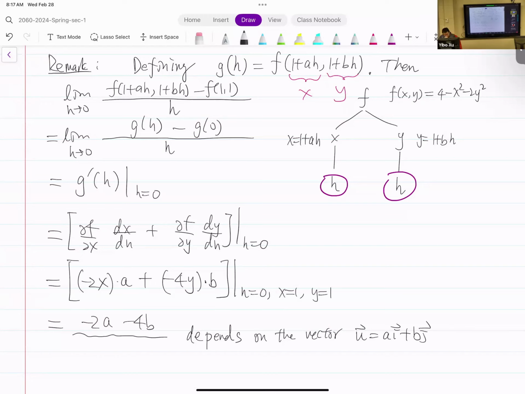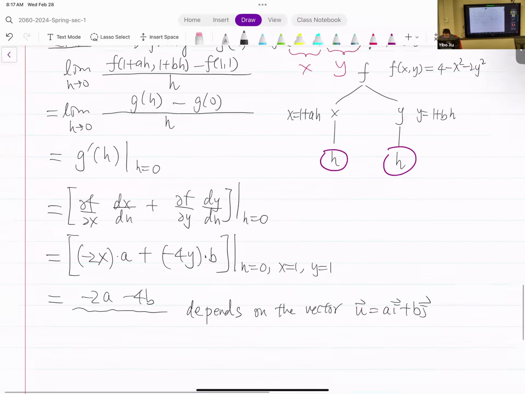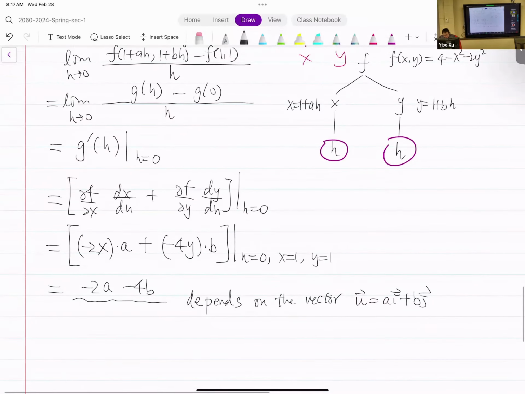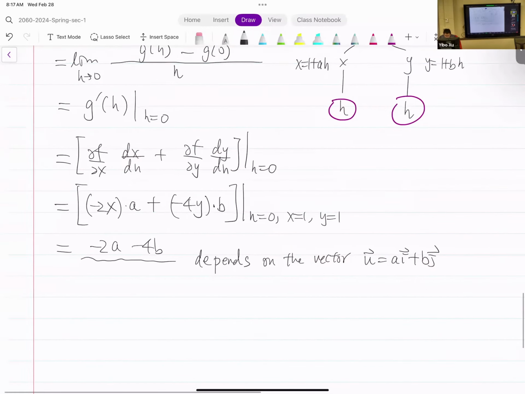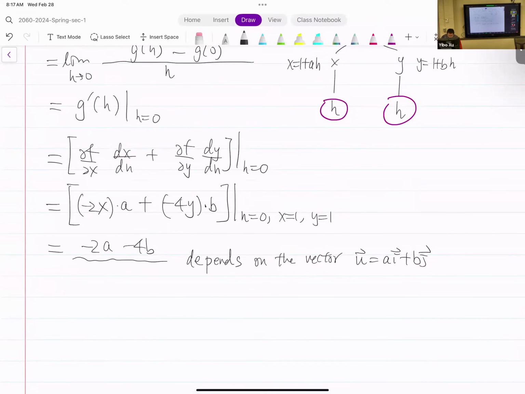It relies on a and b, which are the coordinates of this unit vector u. You can further even mention that this is actually the vector (-2, -4) dotted with (a, b), right? That's definitely a valid observation. But here, let's define.